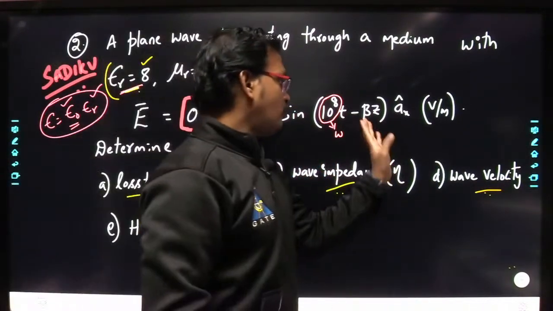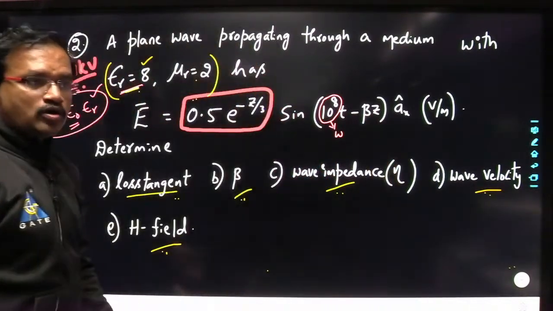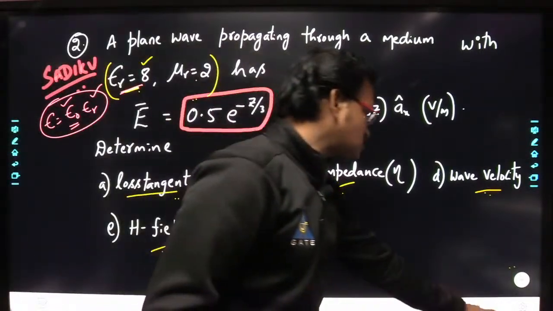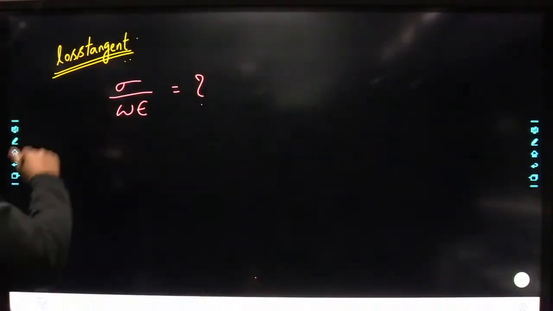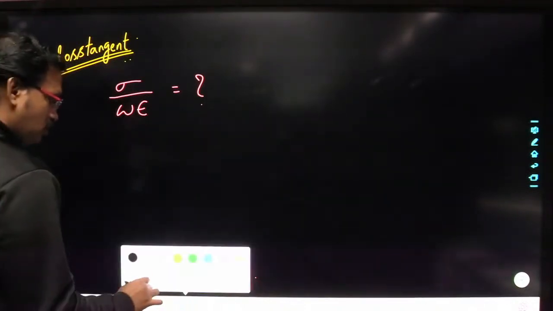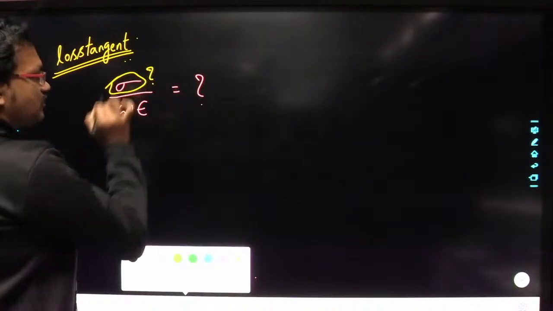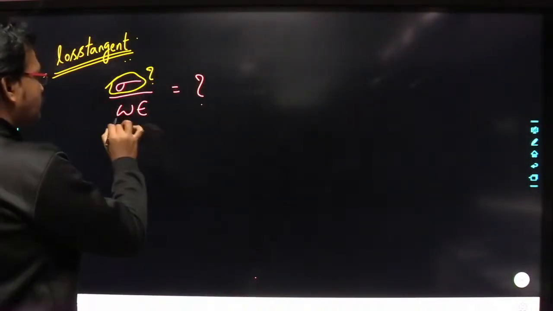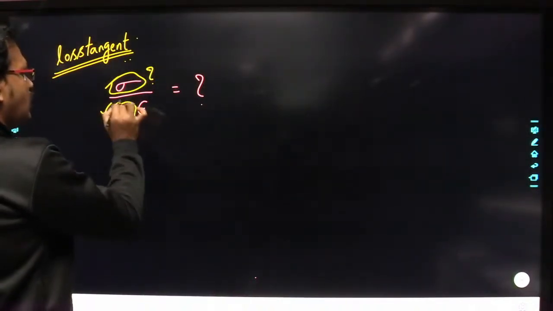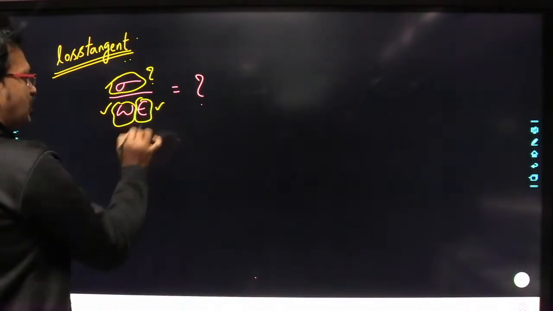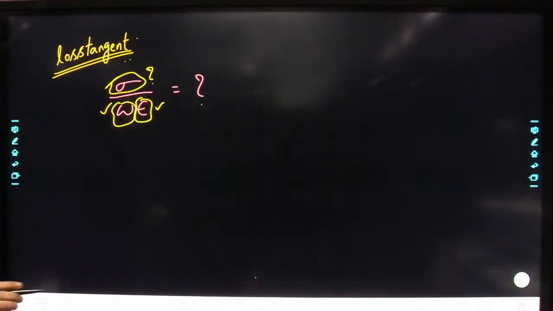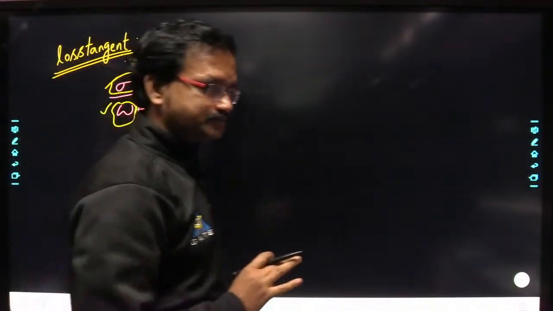But we don't know the sigma value. In that case, how can you determine the sigma by omega epsilon ratio? Tell me. What we know is the omega value and the epsilon value, so how can we determine the sigma value?